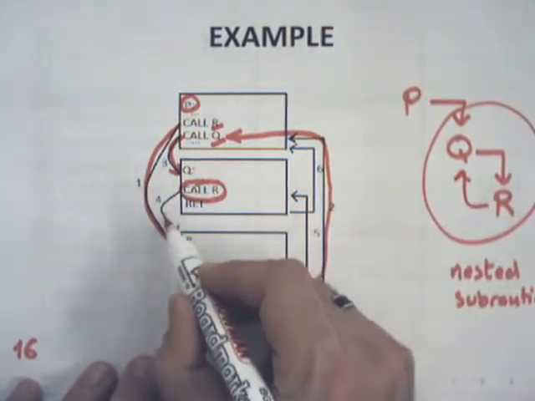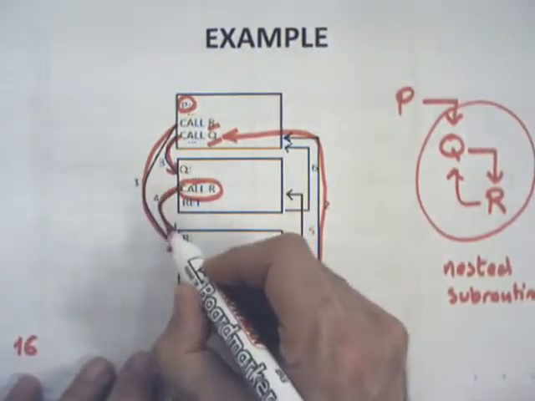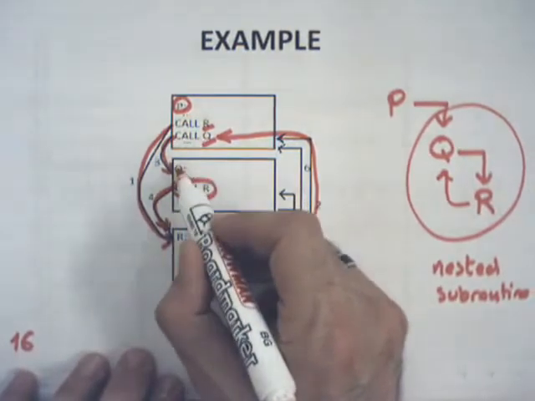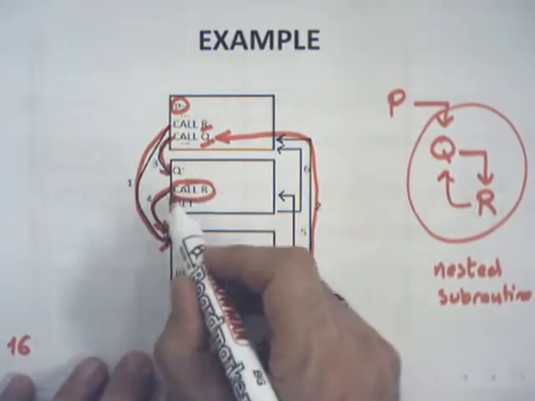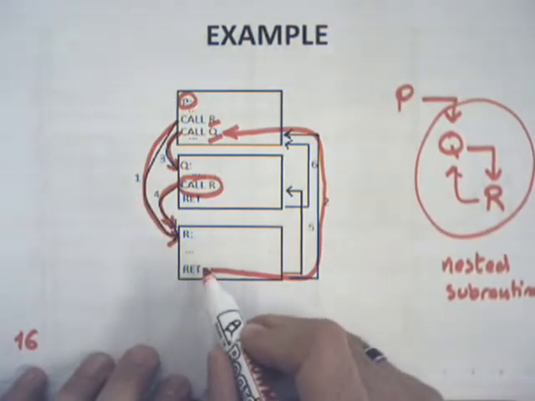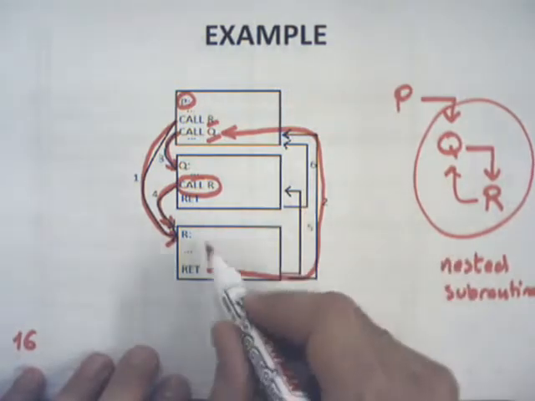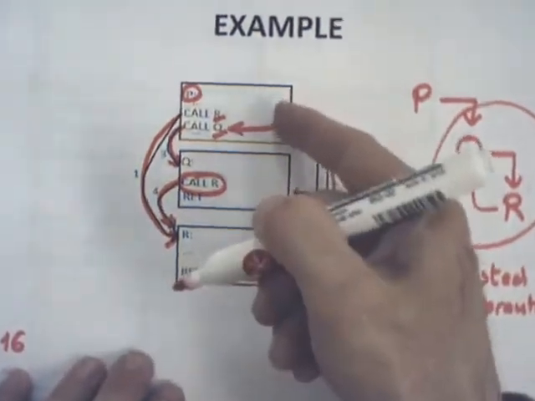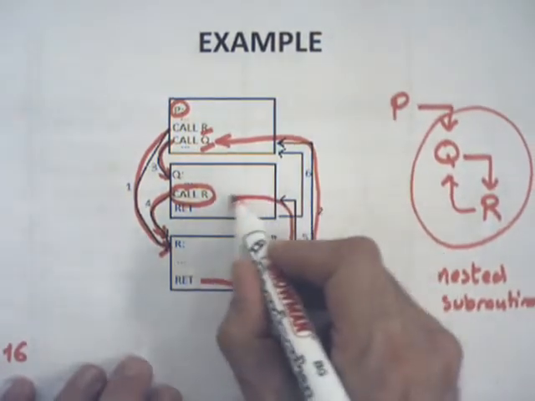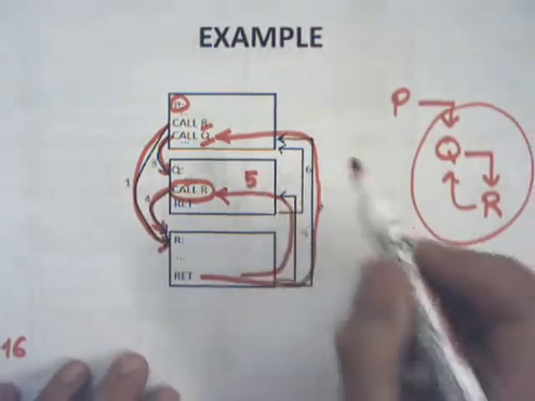After R, it's returned in the fourth one. Okay, in the third one, P calls Q. Inside Q, R is again called, and this time the return from R is not to the main program, but to the next line, which is calling R. So this is number 5.